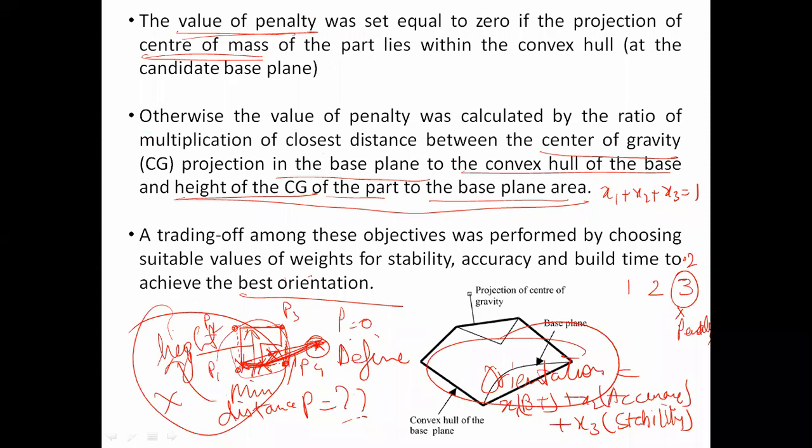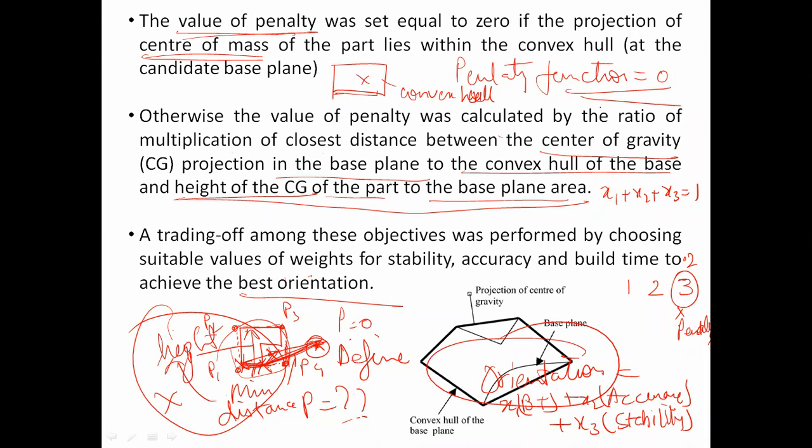As was observed in the previous work of Zoo also, the penalty function was generally coming out to be zero, because in 99.99% of cases, all the centers of mass were lying within the convex hull. So the penalty function was generally coming out to be zero.